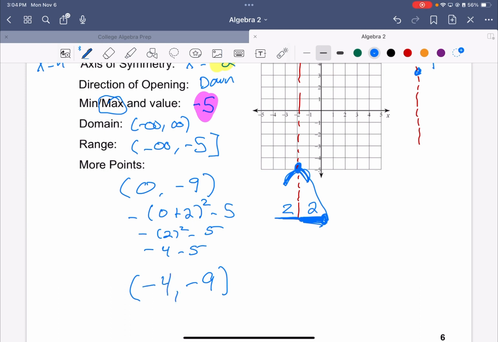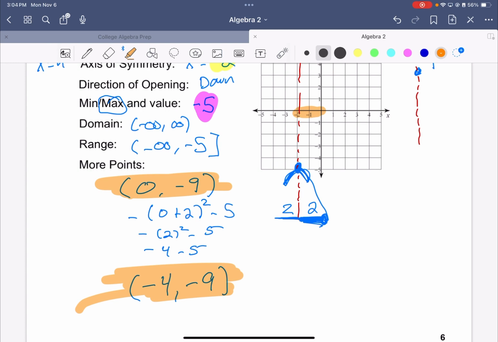So there are my answers. Isn't math so much fun? Because the distance from here to here is 2. From 0 to -2, that distance is 2. So it's just from 0, just my x values.